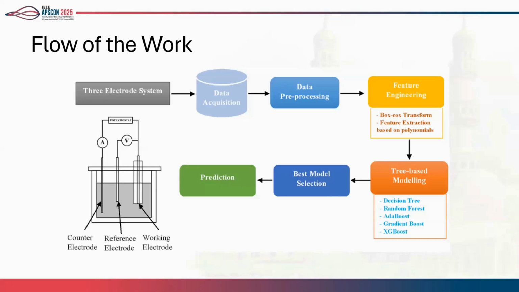Based on that, data pre-processing and statistical analysis have been applied. Post that, feature engineering has been done, like Box-Cox transformation and feature extraction by polynomials, followed by tree-based modeling. We run multiple tree-based algorithms and finally come up with the best algorithm which works better for our data set.